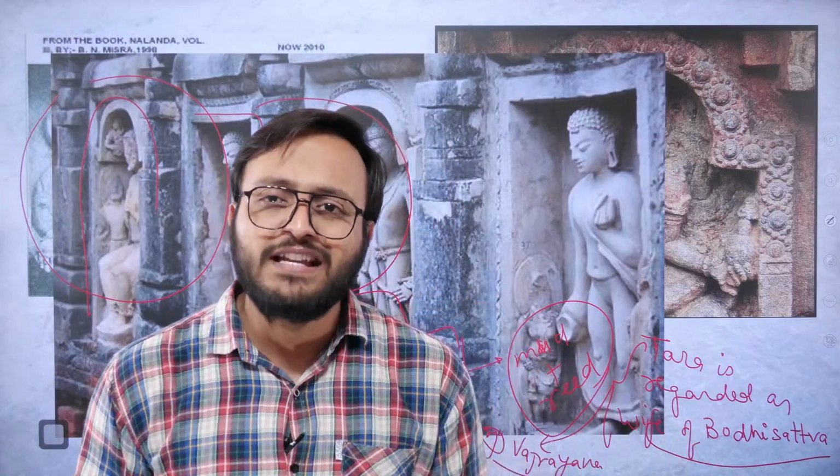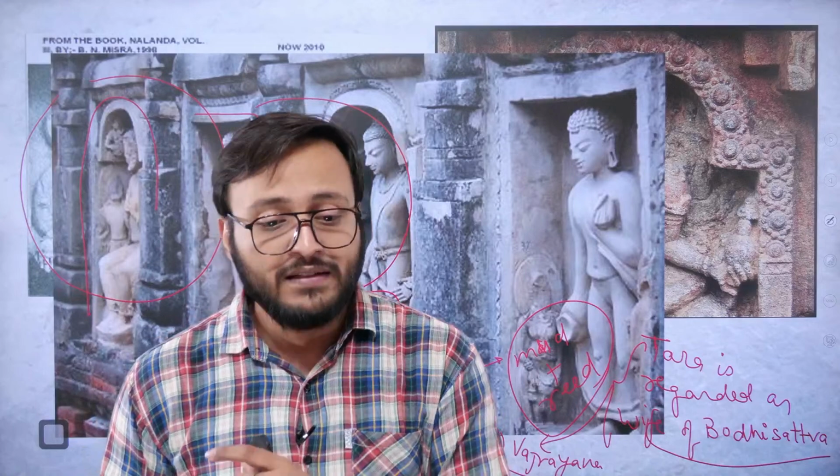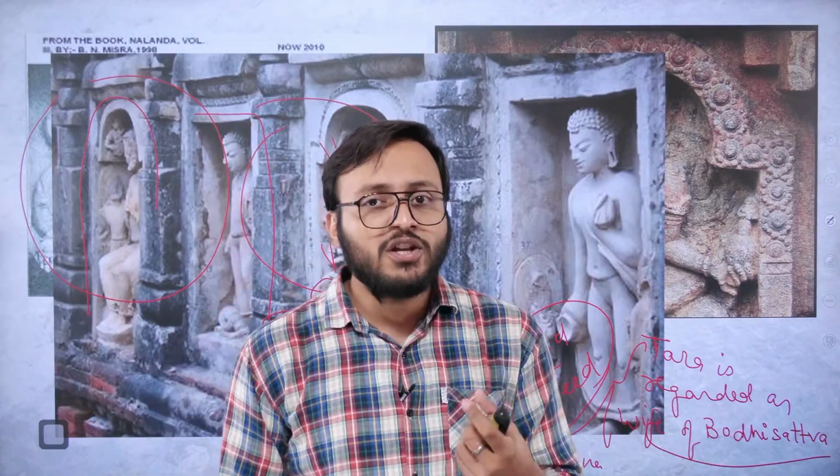What does it indicate, my dear? It indicates that by the end of the 5th century, 6th century, during the 7th century, the representation of the female figurines in Buddhism had increased immensely.